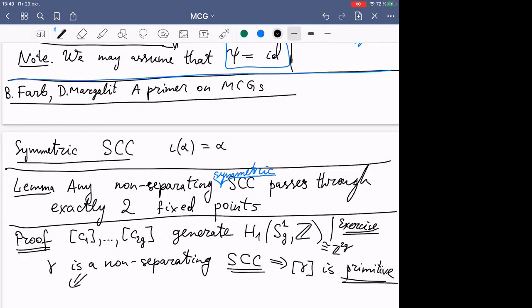Hence, there is i such that the algebraic intersection index of gamma with C_i is odd. It is completely impossible for a primitive homology class to have even intersection indices with all elements of the basis, since the intersection form is unimodular.